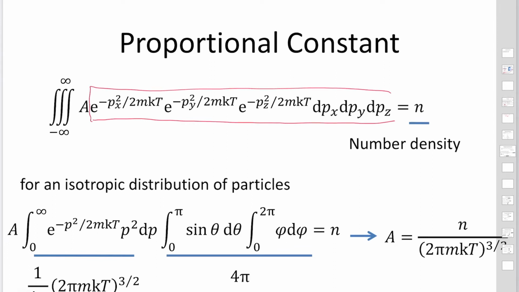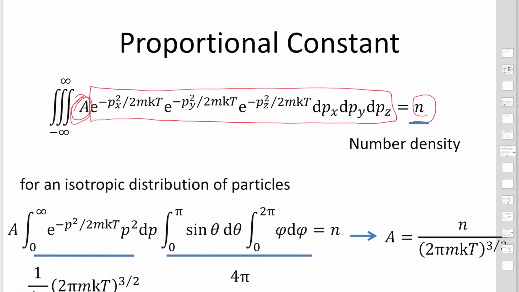So as a proportional constant, we put a capital S. Okay, so if we integrate over the momentum space, p_x, p_y, p_z, it becomes a number density: how many particles exist per unit volume. So we'd like to perform these integrals.